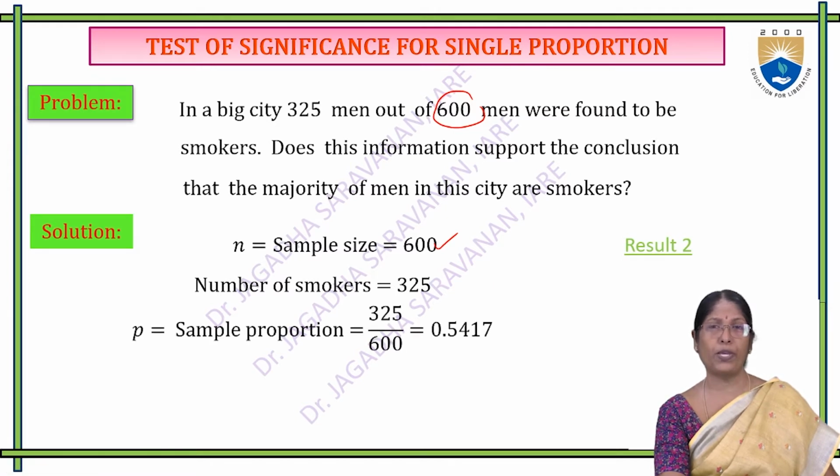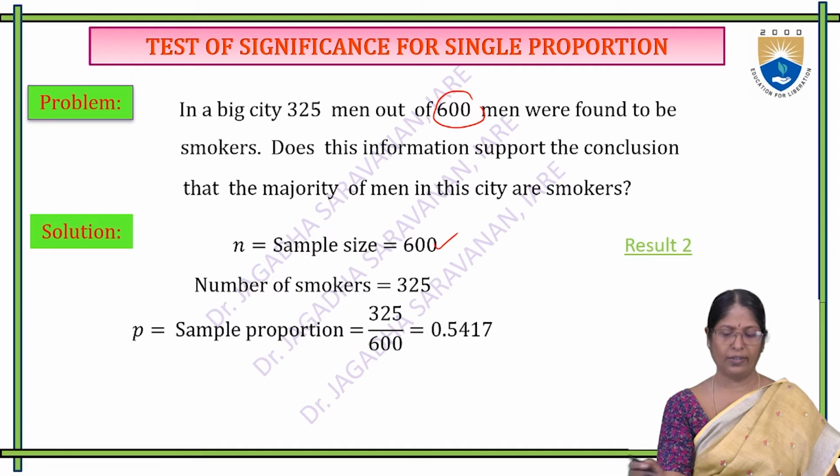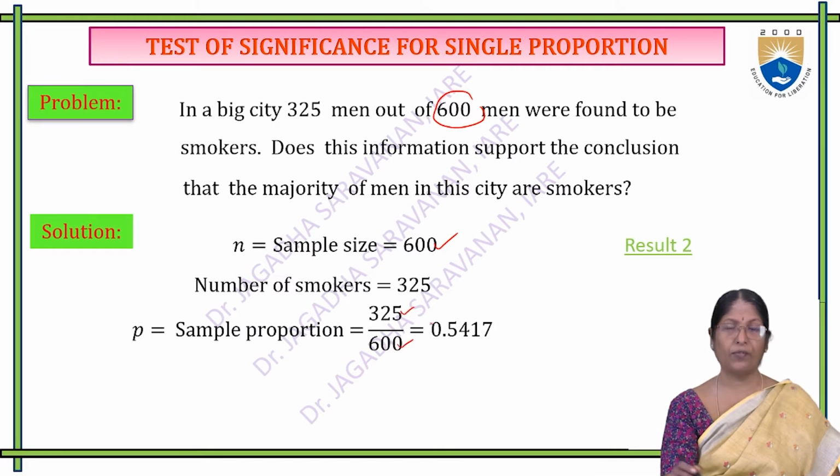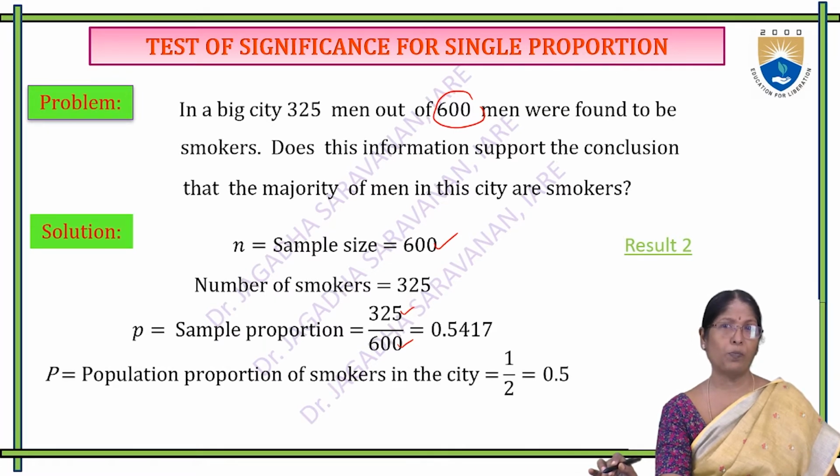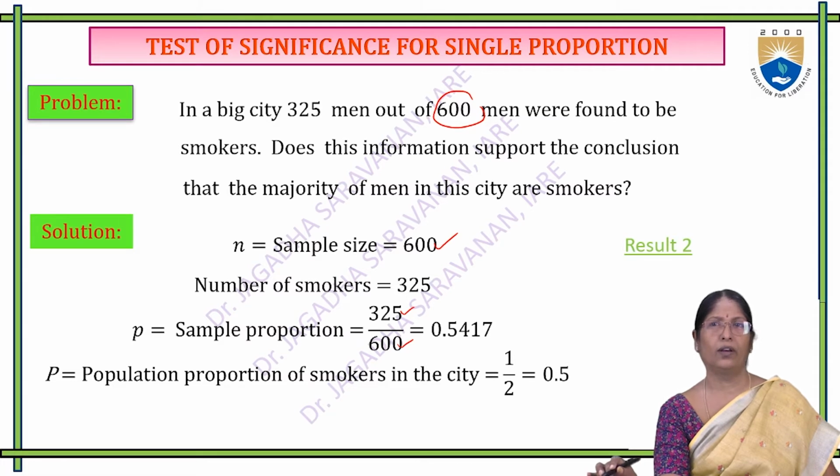The small p, the sample proportion, is 325 divided by 600, so 0.5417. That is the output we got for the sample proportion. The population proportion is not given; only the information about the sample proportion is there.